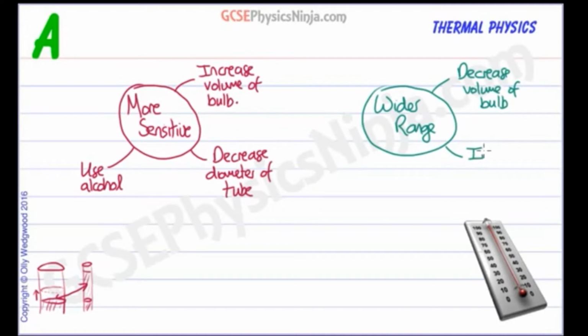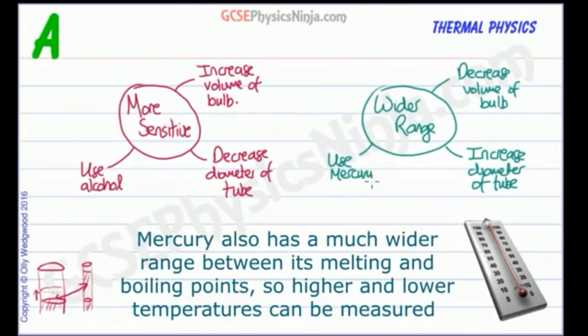We're going to increase the diameter of the tube. And we would use mercury, which doesn't expand as much. So these guys are opposites. If you want to make it more sensitive, you end up decreasing the range over which you can measure.